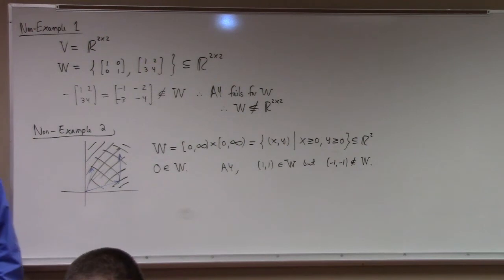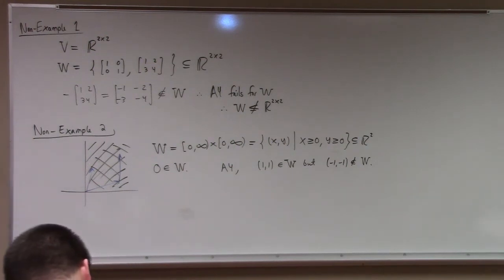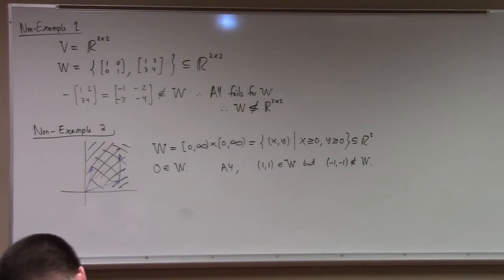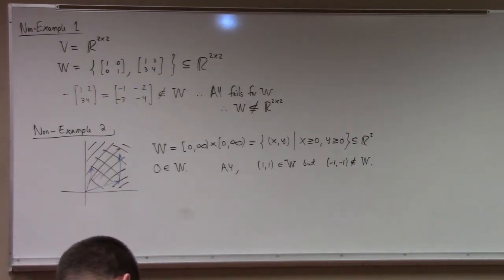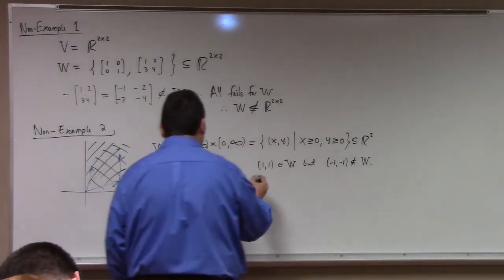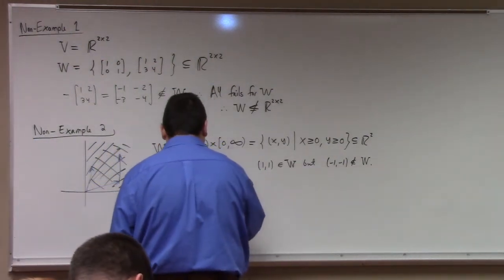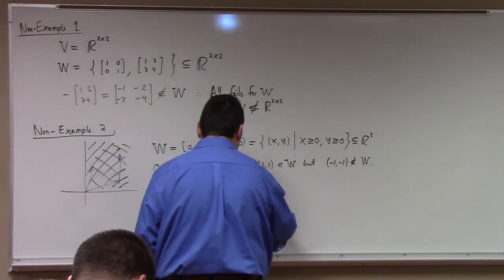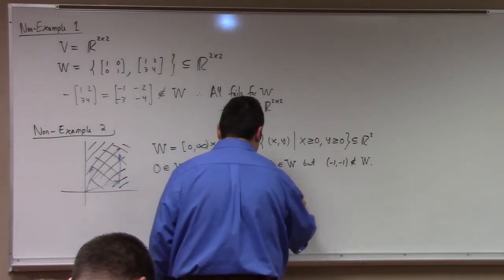When you're showing a counterexample, it's important to be specific, right? So that's a specific counterexample. There you go. Likewise, if we had minus 2 times (1, 1), that is equal to (minus 2, minus 2), which is not an element of W, right?